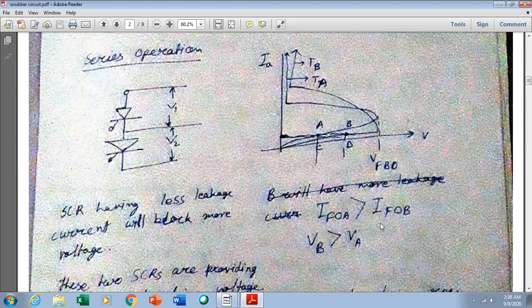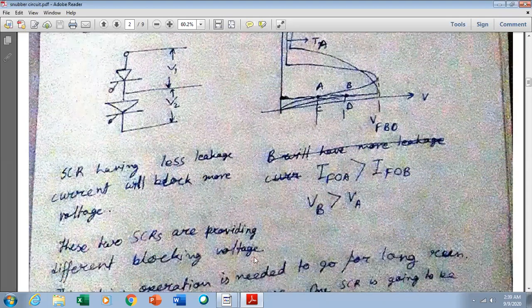So what you can see is that the SCR having less leakage current will block more voltage, and these two SCRs are providing different blocking voltages.